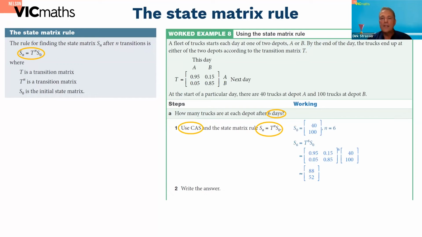It's just a matter of raising the transition matrix to the power using CAS and pulling that out from the answer there, so you can see from that the number of trucks that are at each depot after 6 days.